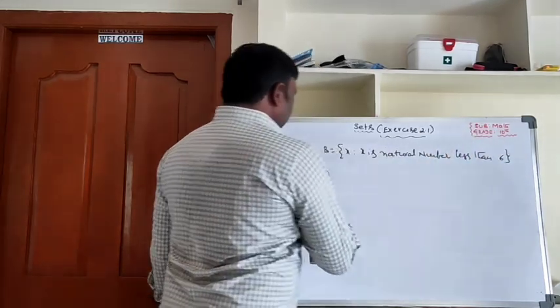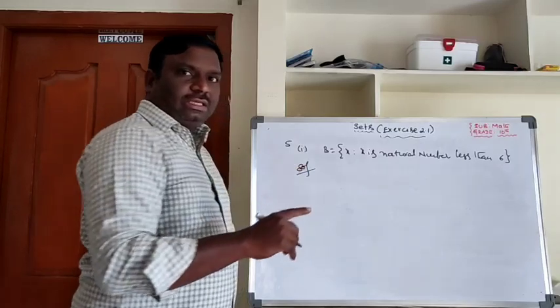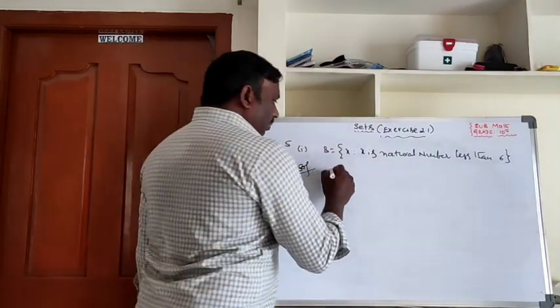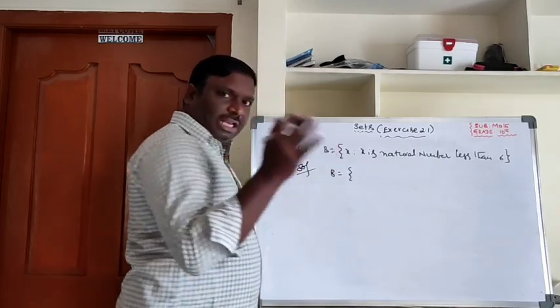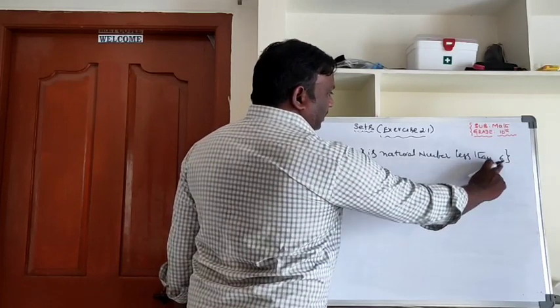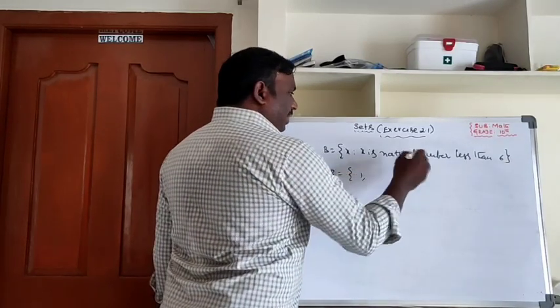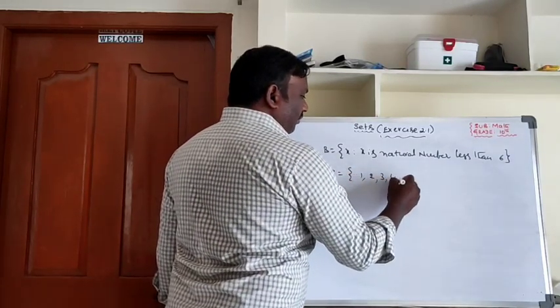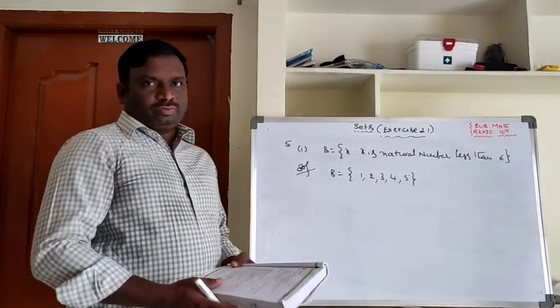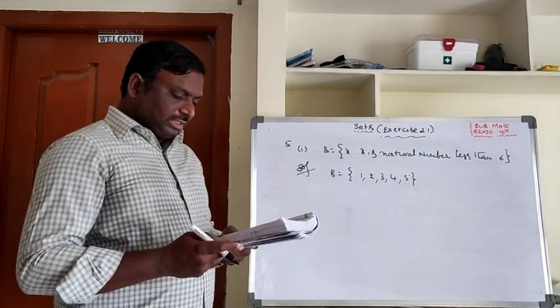They are asking in roster form, that means list form or tabular form. So you write only the elements. Natural numbers less than 6 start from 1, 2, 3, 4, 5. That is roster form.